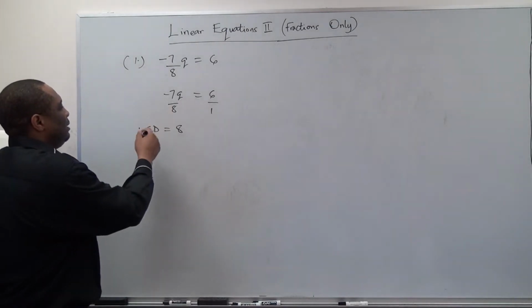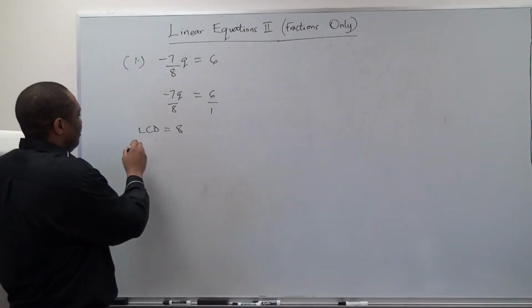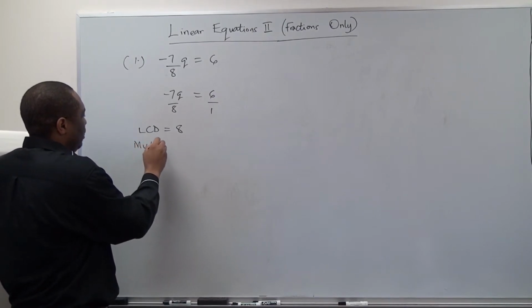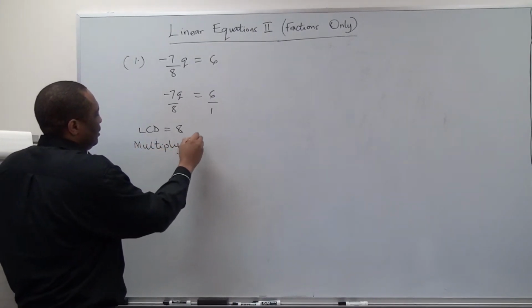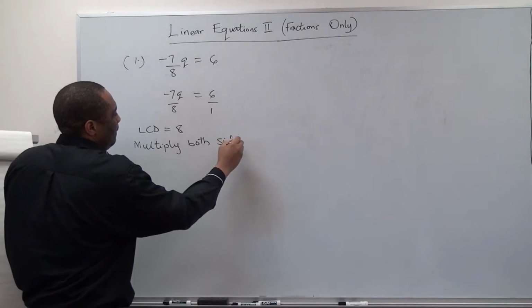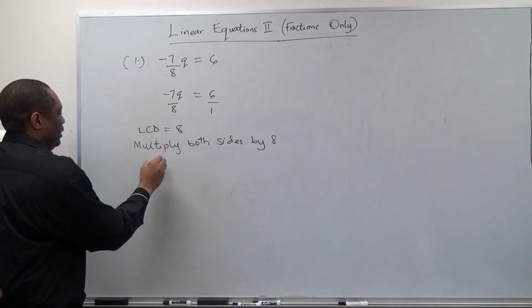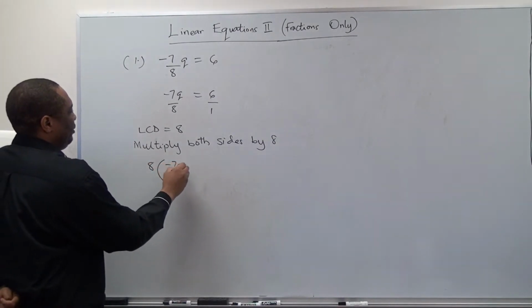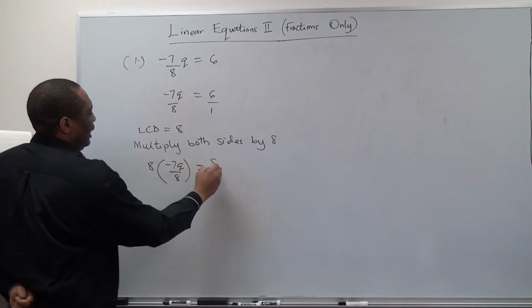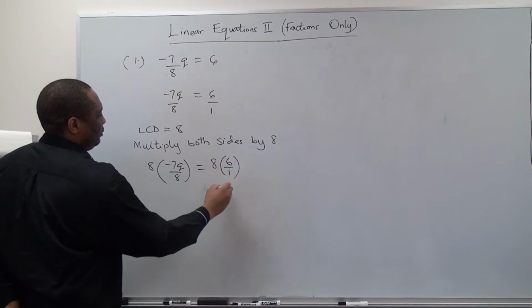So I'll just say multiply both sides by the least common denominator. Multiply both sides by 8. Okay, so we now have that 8 will multiply negative 7q over 8 equal to 8 will multiply 6 over 1.